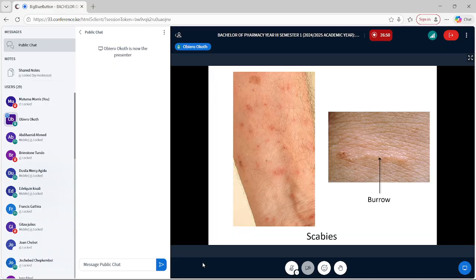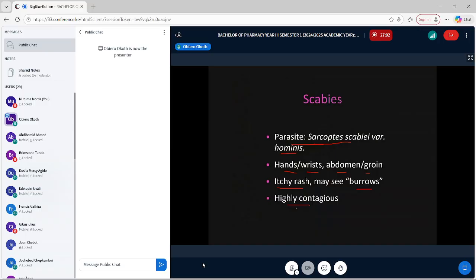Like this one here, you can see burrows. So this is from a parasite called Sarcoptes scabiei. It is highly contagious, associated with malnutrition and poor economic status.